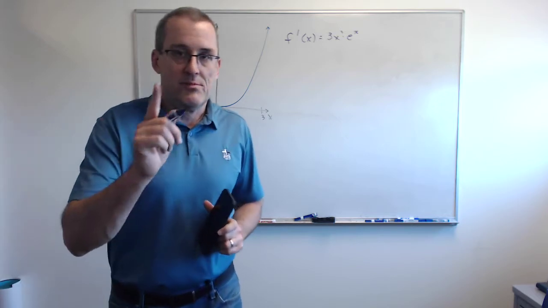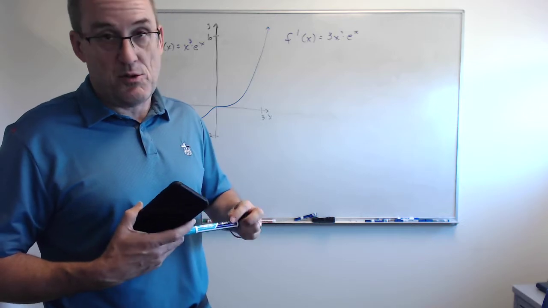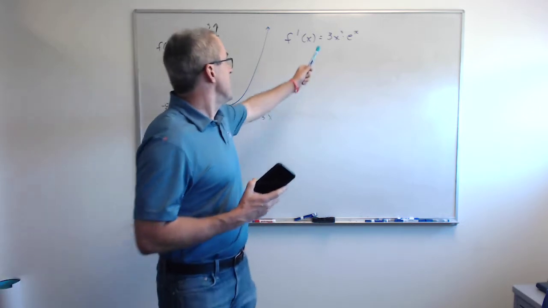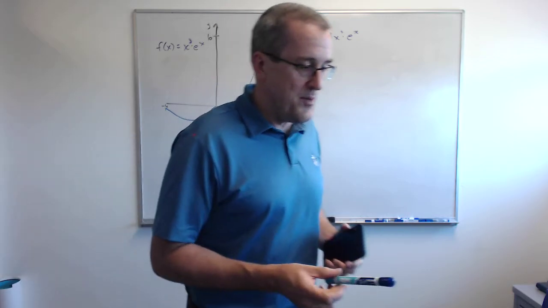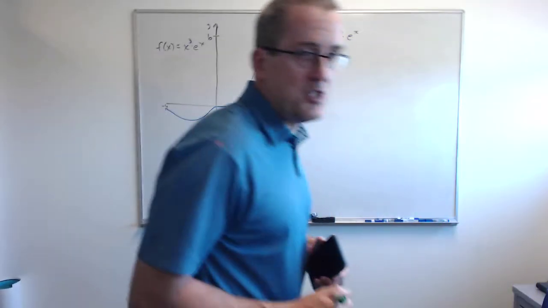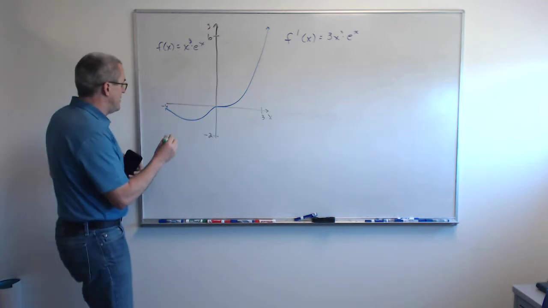Now, don't go back to Desmos yet, but suppose you did and you graphed this derivative function to see if it made sense to you. Before you do, let's just think for a minute.